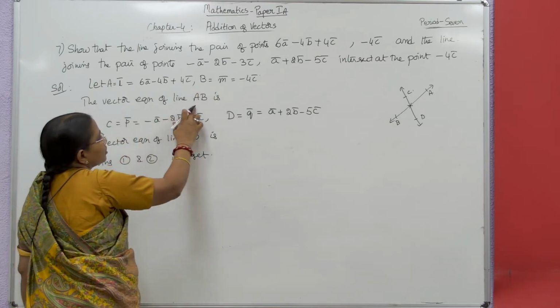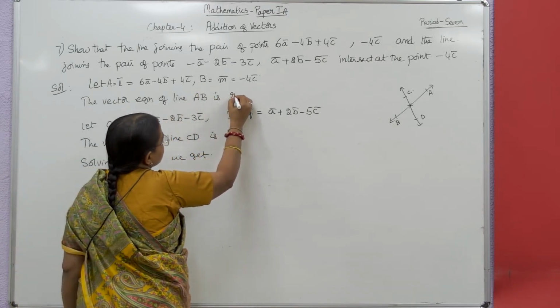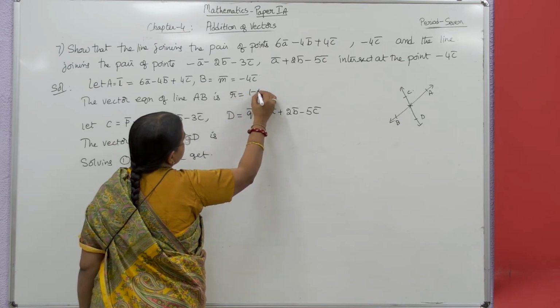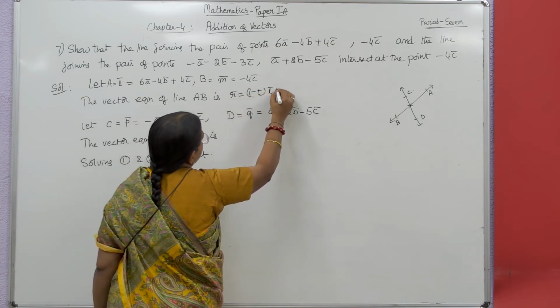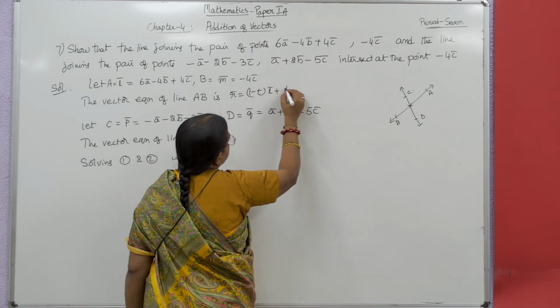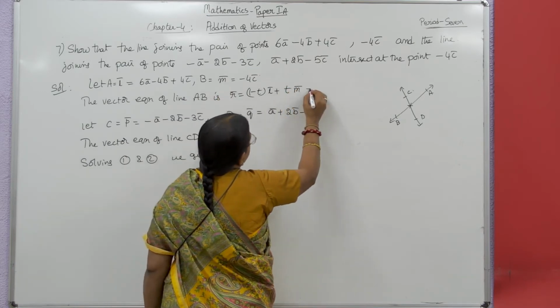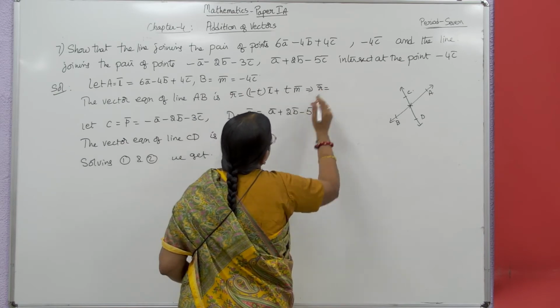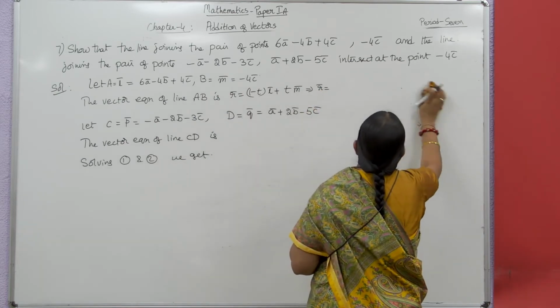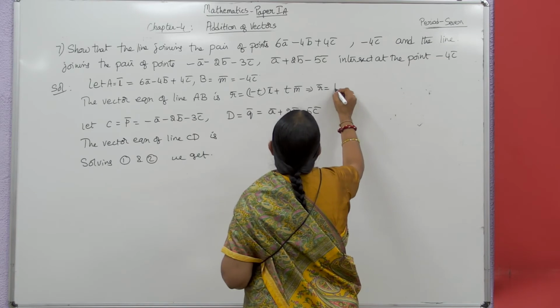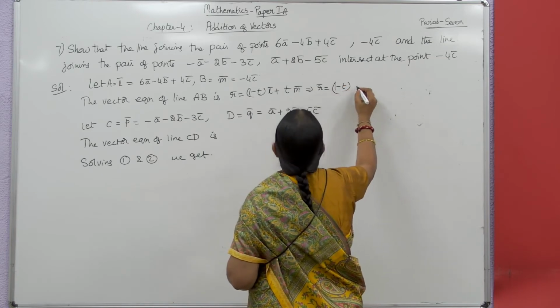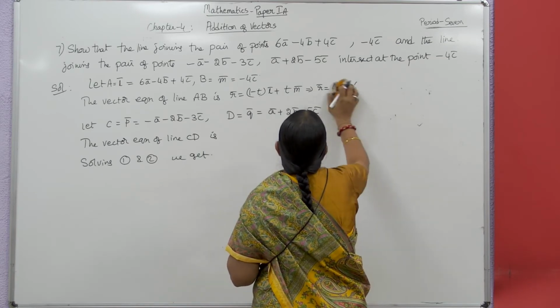Then the vector equation of the line AB is R is equal to 1 minus T into A plus TB, so T into M, the second vector B. We write the equation in this form.